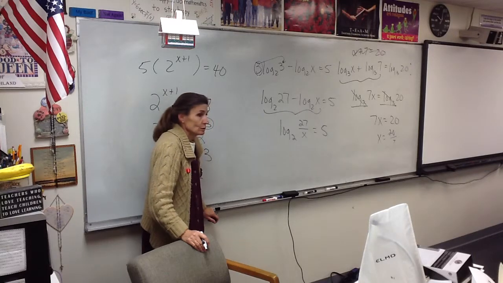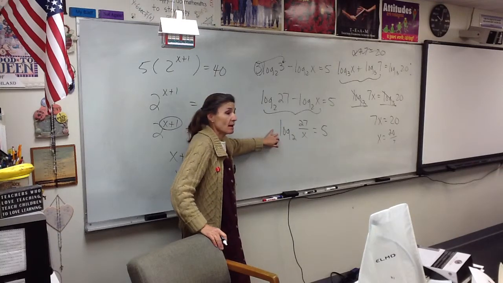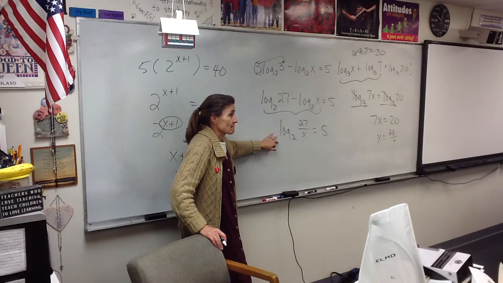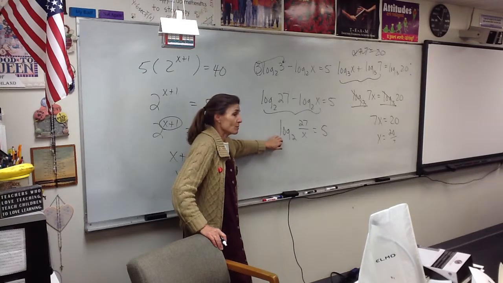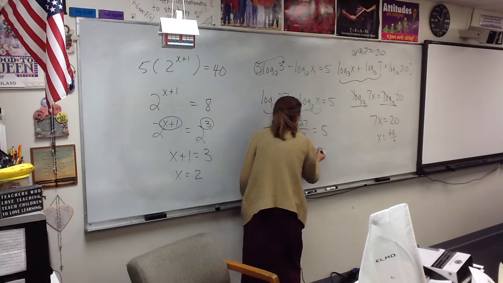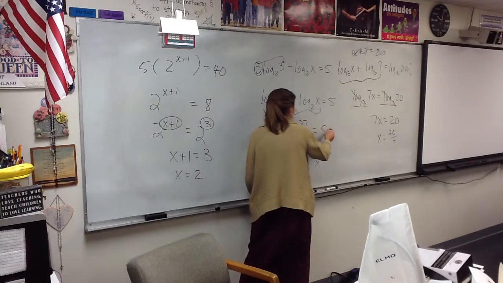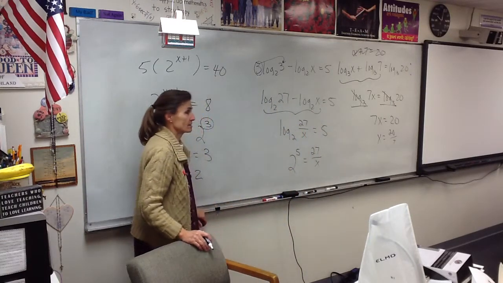So the answer's 5? Or the answer's that? Well, I'm not done yet. This is where I am now. I gotta figure out what x equals. What do I do with this? You've done it 3 times already today. You're gonna rewrite it. How are you gonna rewrite it? 2 to the 5th equals 27 over x.